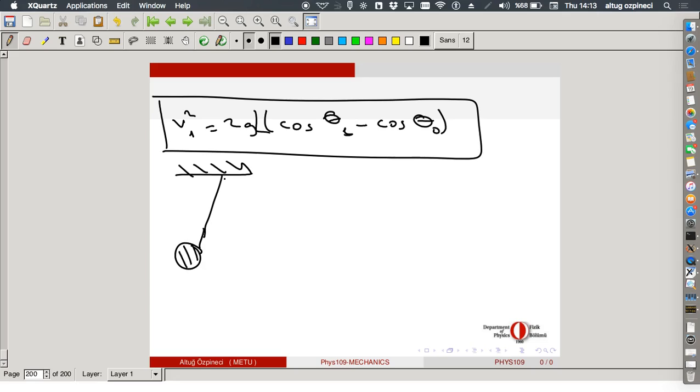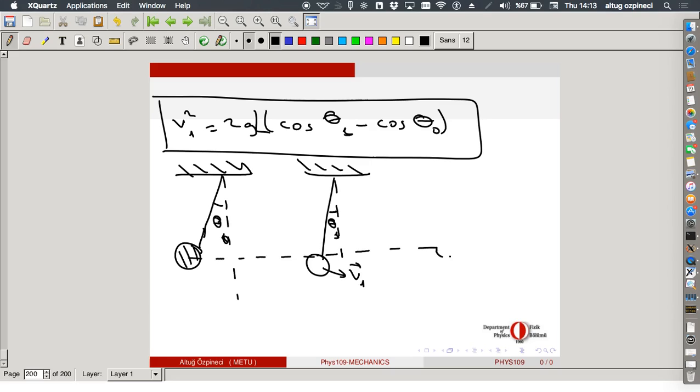This is the initial theta 0. So when it reaches the angle theta 1, it will have a speed v1, a velocity v1 vector. Now this is theta 0, this is theta 1. Or you can just take this object, just release it.